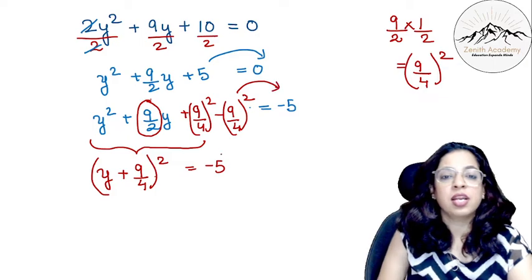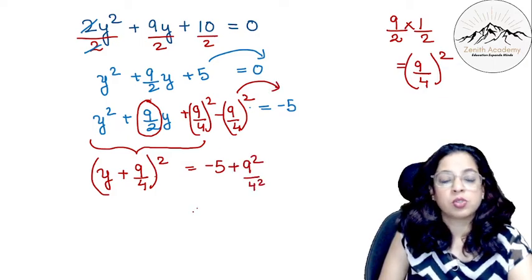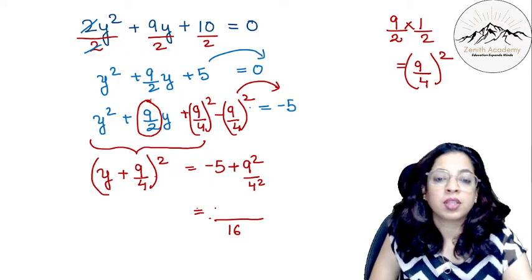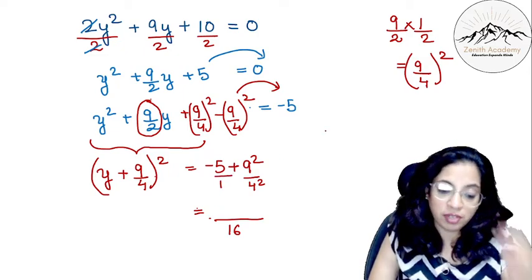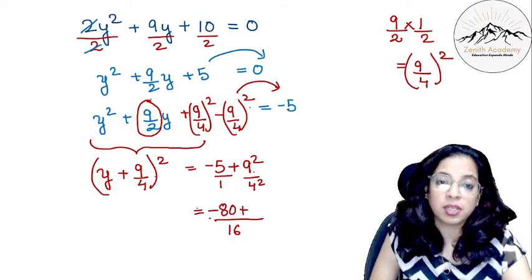Take this on the other side. Plus 9 square by 4 square. So what is 4 square? It is 16. So we will take LCM 16. Okay. This is 1. So 1 into 16. So 5 into 16 is 80. So this is minus 80 plus 9 square is 81.